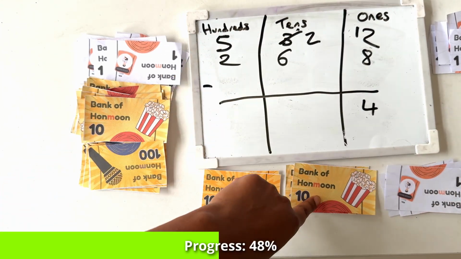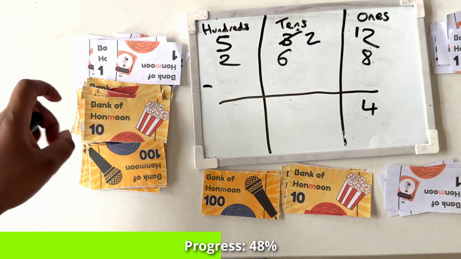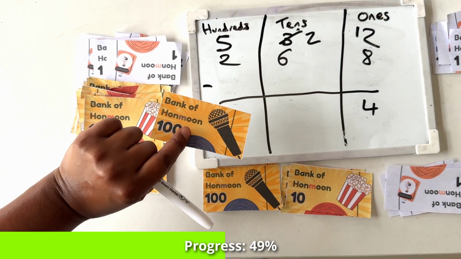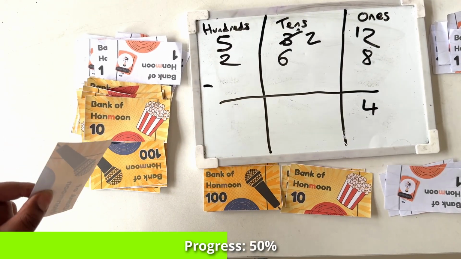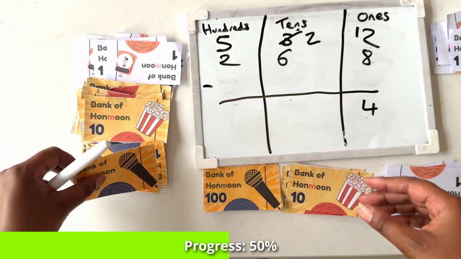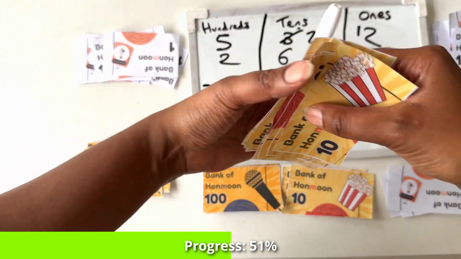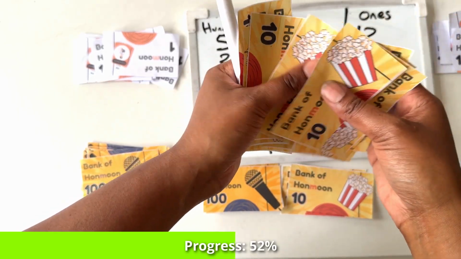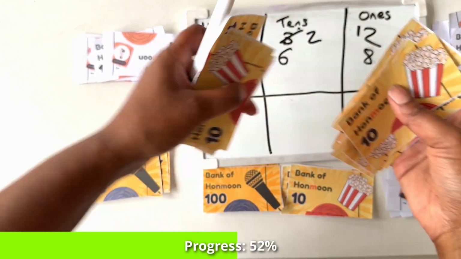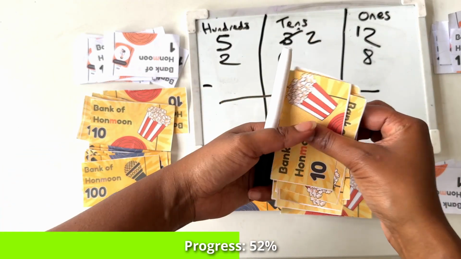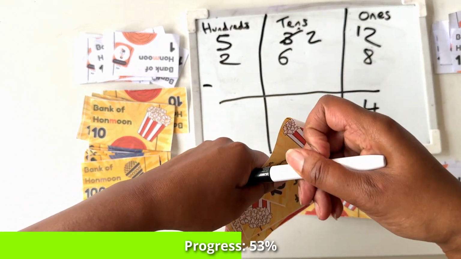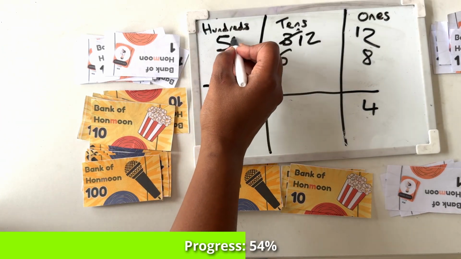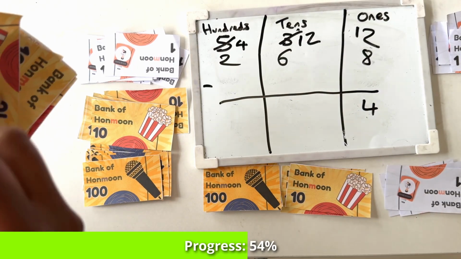And we have 2 10s, but we need to take away 6. So we need to take one of the hundreds away and change it. So 10, 20, 30, 40, 50, 60, 70, 80, 90, 100. Now we have 12 10s. We only have 4 hundreds.